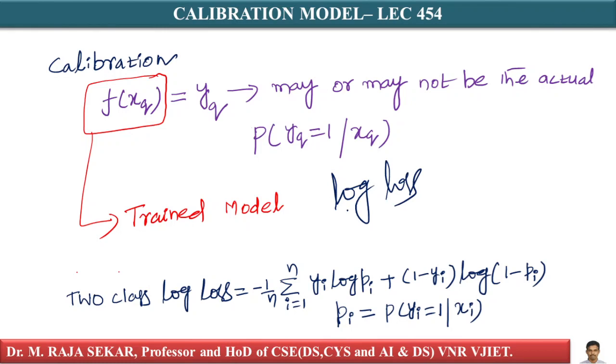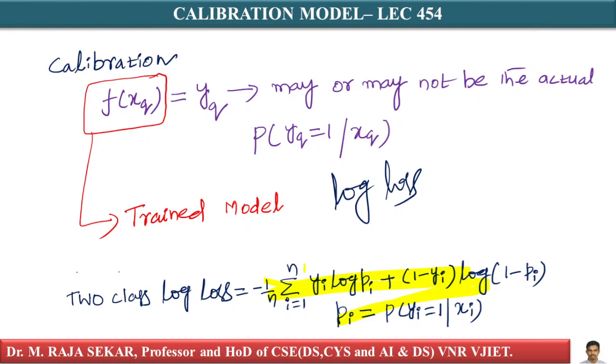Then how does my 2 class log loss look like? 2 class log loss equals minus 1 by n into sigma i equal to 1 to n of yi log of pi plus 1 minus yi into log of 1 minus pi. What is this pi? Pi is probability. Pi equals probability of yi equal to 1 given xi, isn't it?